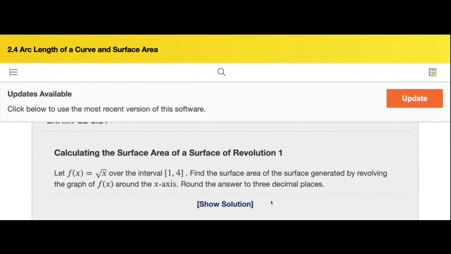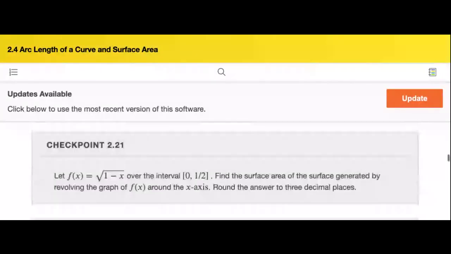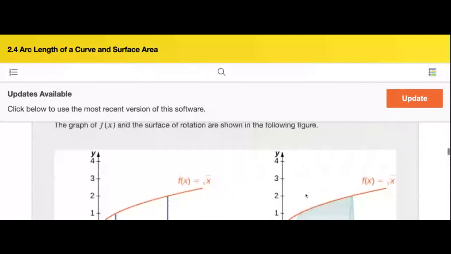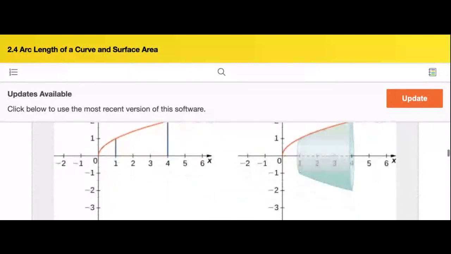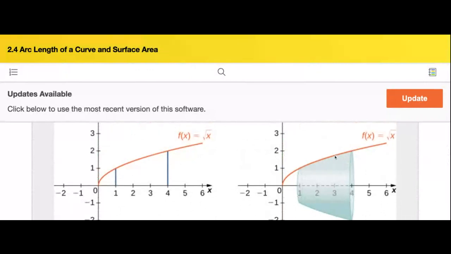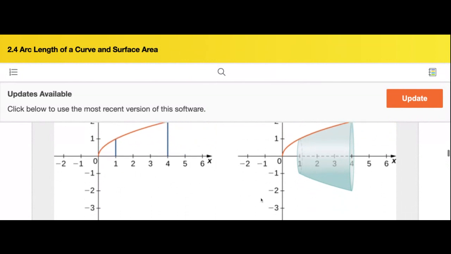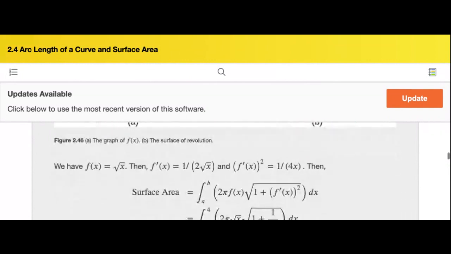So we want to find the surface area. Square root of x. When we rotate, we get this, right? So we want to find the surface area of this object from 1 to 4. The derivative of f is 1 over 2 square root of x, and squaring that, we get 1 over 4x.